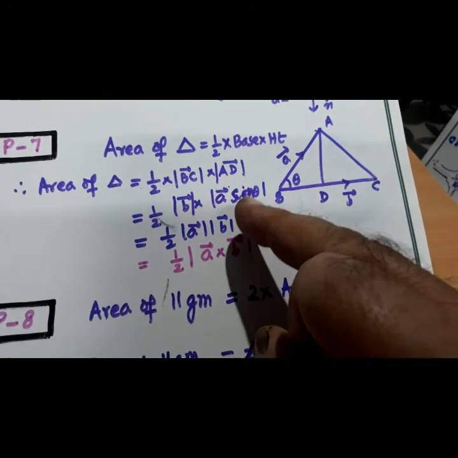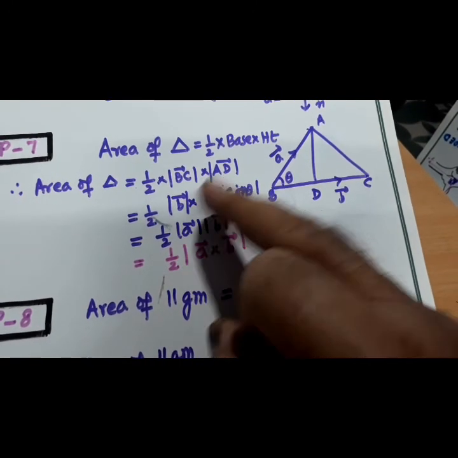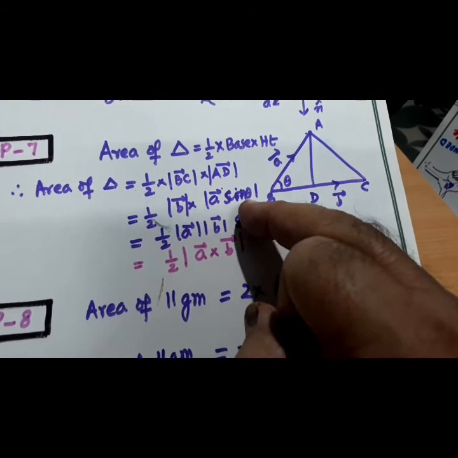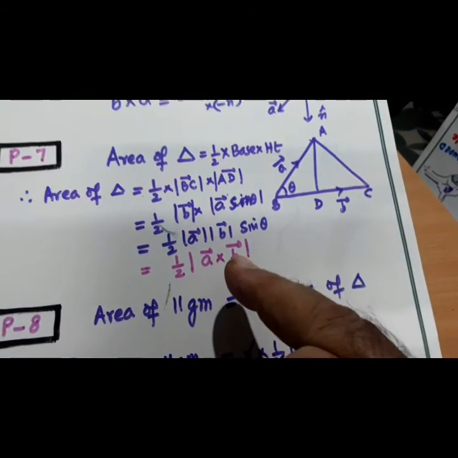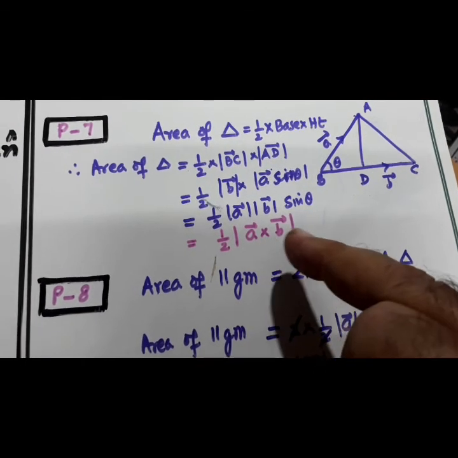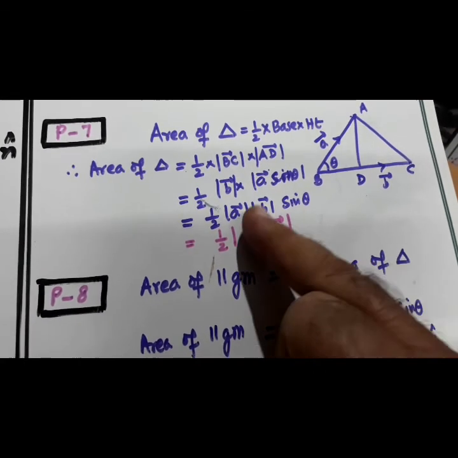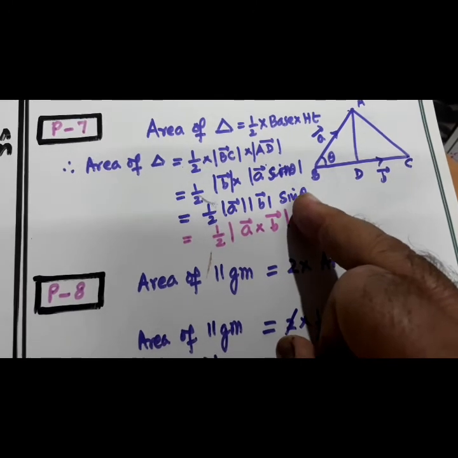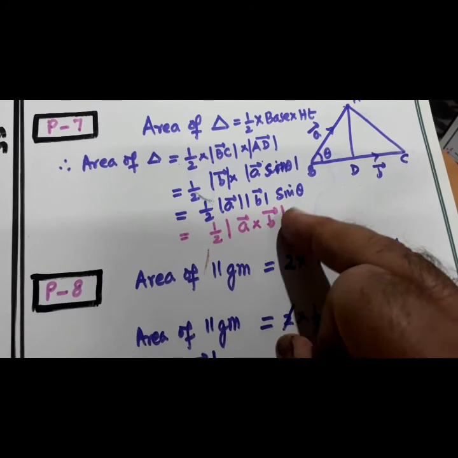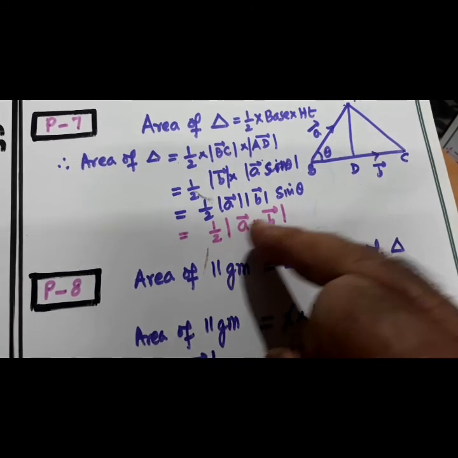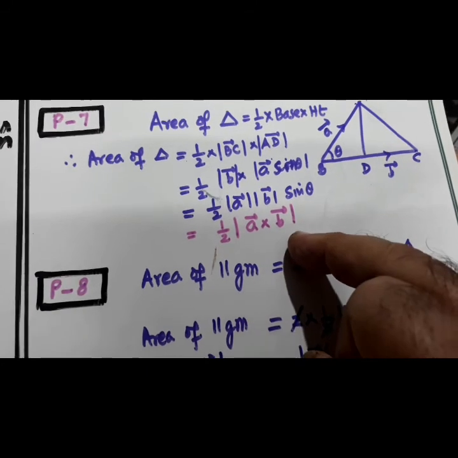So just substitute their values. BC की जगह पे B लगा दीजिए, AD की जगह A sin theta, it becomes half AB sin theta. Look here, A cross B, you know AB sin theta n cap था, और उसका मॉडुलस लेते हैं, it becomes half A cross B. Area of triangle is half A cross B.